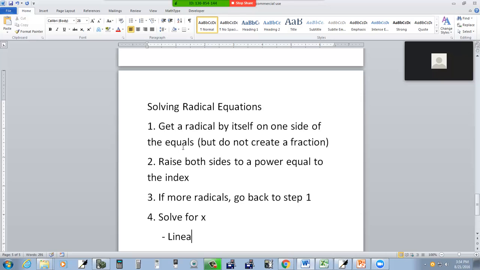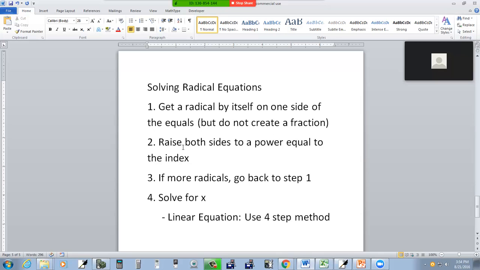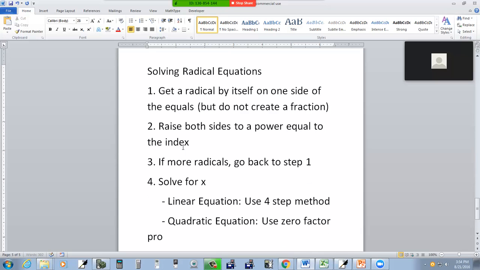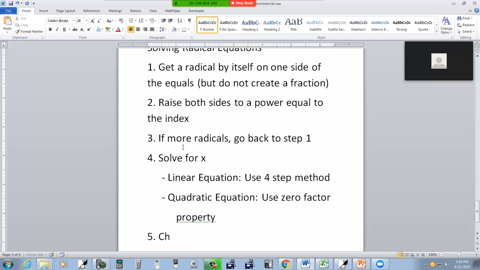But it'll either be a linear equation at this point, and you use your 4-step method for linear equations, or it'll be a quadratic equation, and you use the zero factor property. And then step 5 is to check your answers. Now this one you have to fully check it. This process will give you the correct answers, but sometimes it gives you false answers. And you don't know that unless you actually check your answers on these.